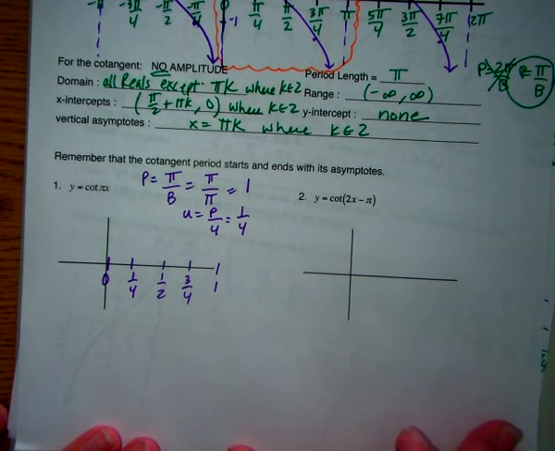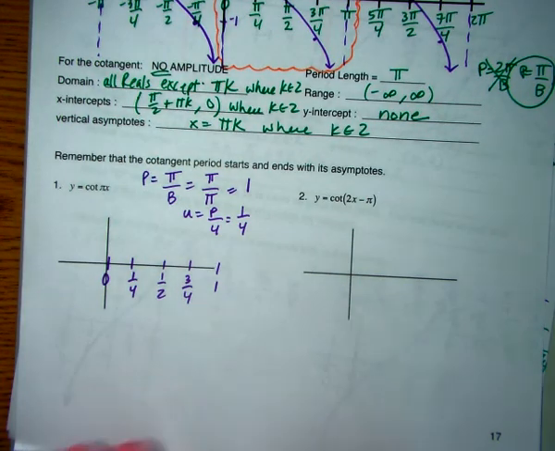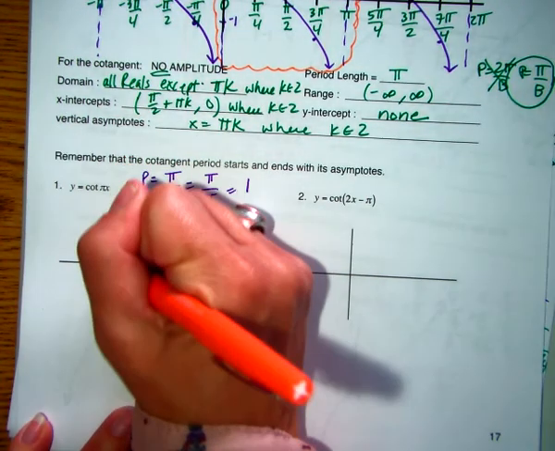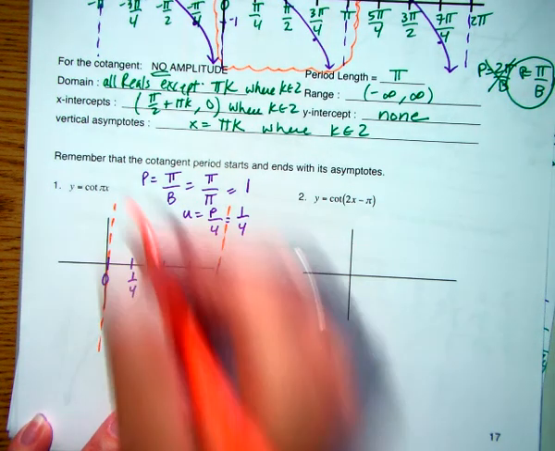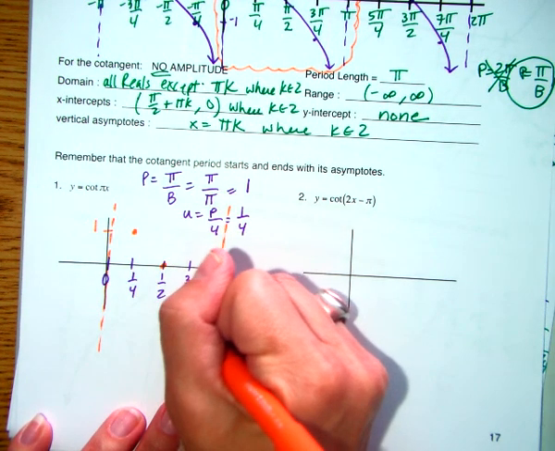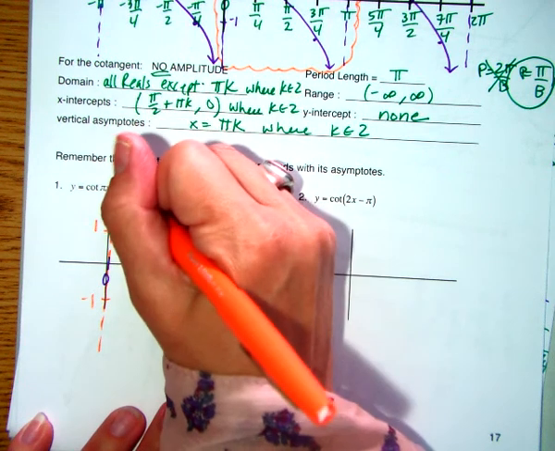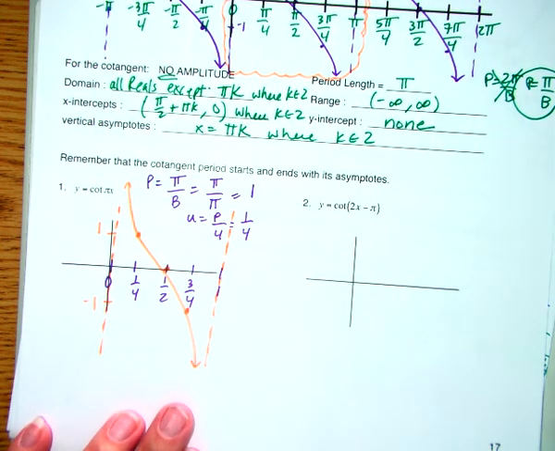Just like tangent, I'm going to start with an asymptote and end with an asymptote. But this one starts up at 1, middle, and then down at -1. And it curves.